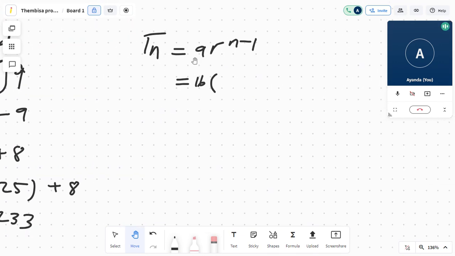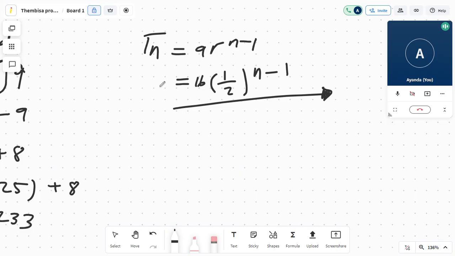So Tn is equal to 16 times a half to the power of n minus 1. And that's it. You found the value for the nth term.